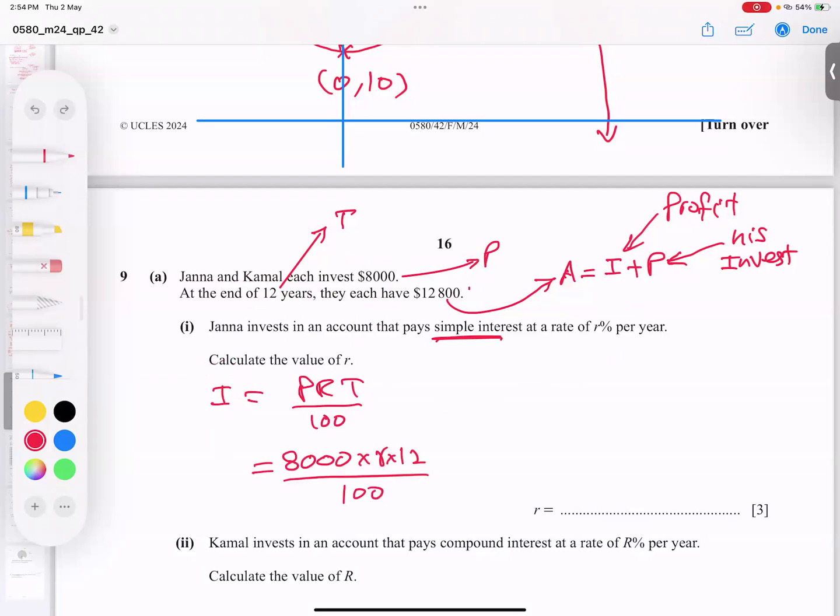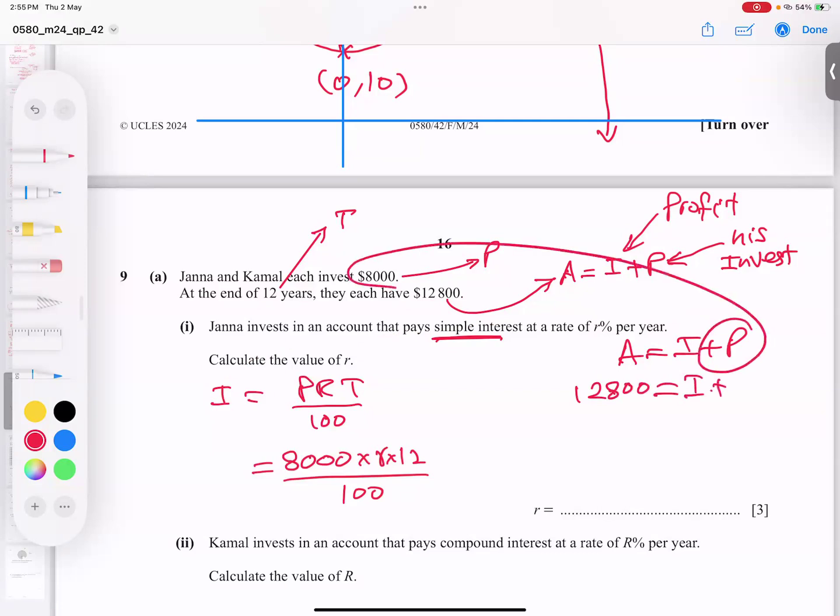Some students by mistake plug in this value here. Totally wrong. You cannot put this value. Logically, A is equal to I plus P, so I have to plug in the I value. A is his net amount, which is 12800. I is unknown and P is the investment. So this equation will help us.